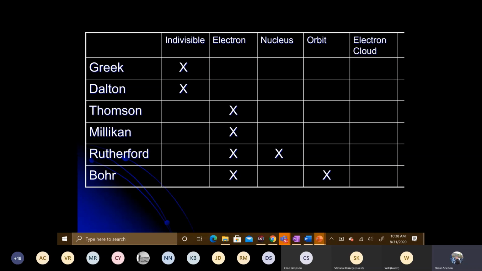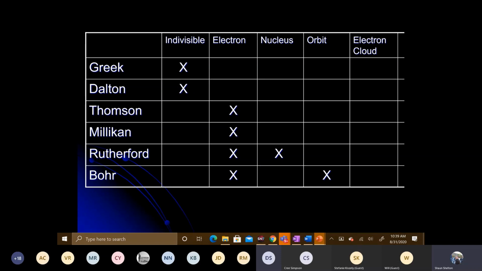Rutherford specifies where the electrons are found, and that the atom does have a nucleus, and then Bohr places the orbits around the nucleus and where the electrons are found. So that's kind of the development of the atom.